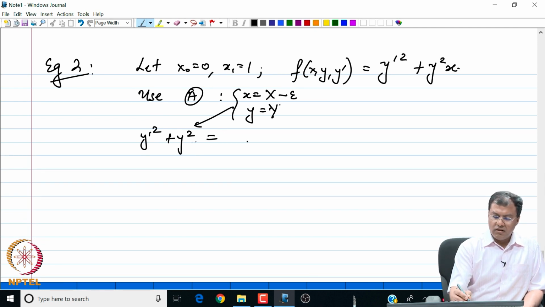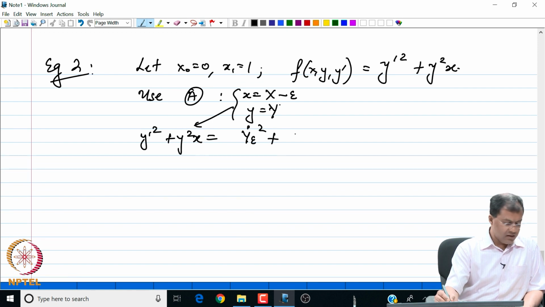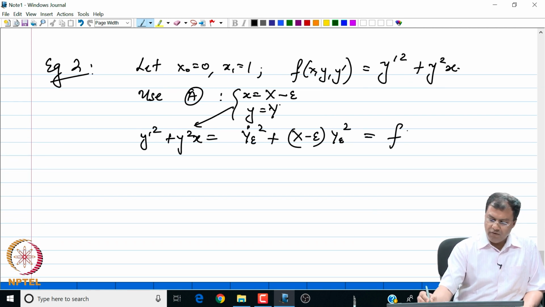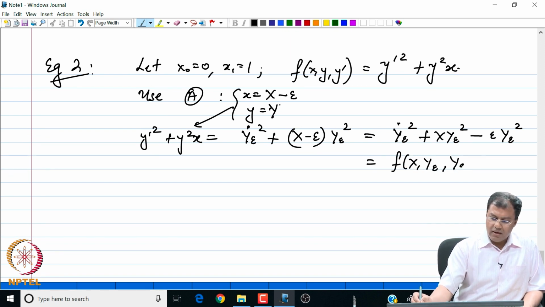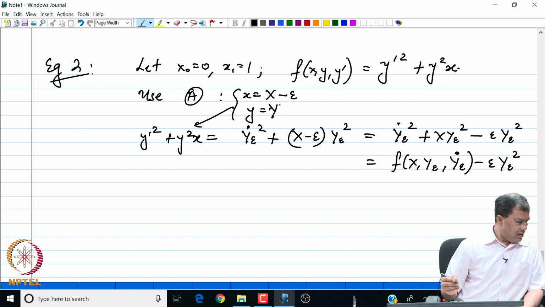So if we plug all these in, y prime squared plus y squared x will give us y epsilon dot squared plus x minus epsilon times y epsilon squared. Let me write it down like this: this is equal to y dot squared plus x y epsilon squared minus epsilon y epsilon squared. Notice that this is of the form f of x, y epsilon, y epsilon dot minus epsilon y epsilon squared.